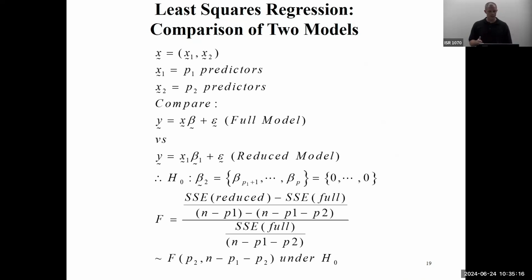So we can then compute that test statistic to test that null hypothesis and see whether we would reject it and conclude that there is evidence that those additional predictors are in fact improving the fit of the model when we add them. Now, if we fail to reject that null hypothesis, we could certainly go with the simpler model. Okay, just go with the first set of predictors and be done with it.